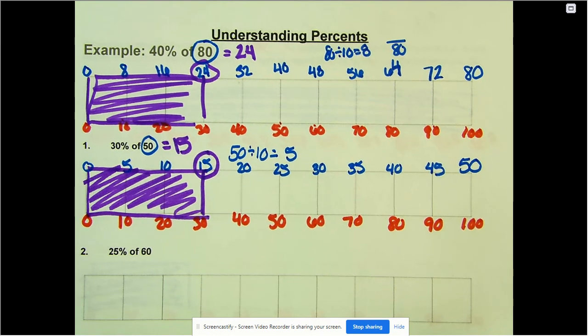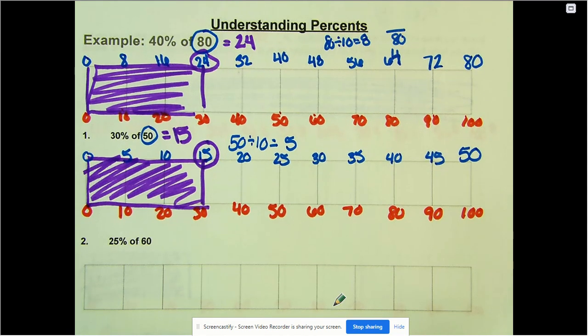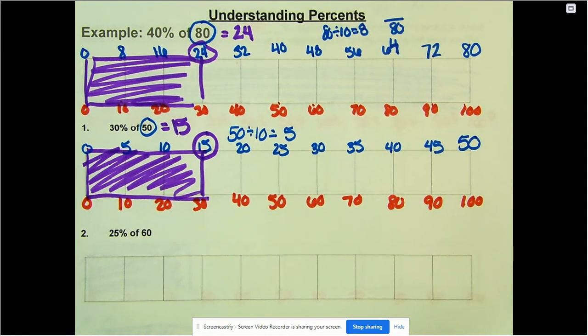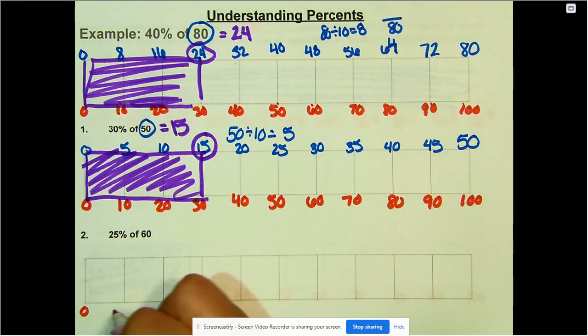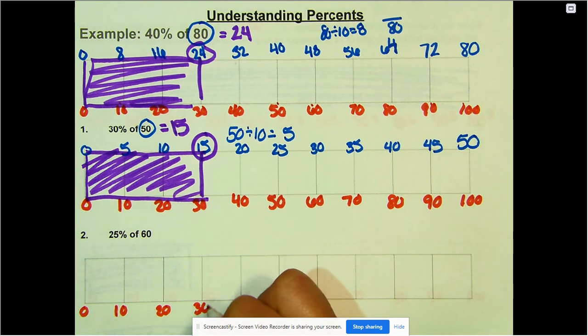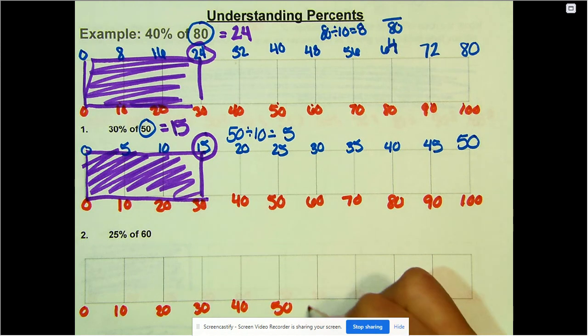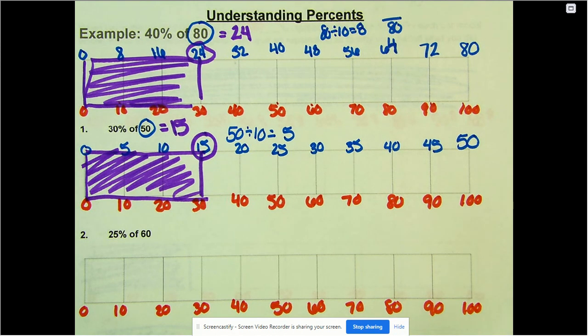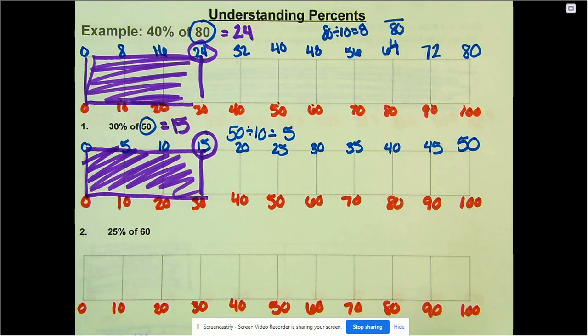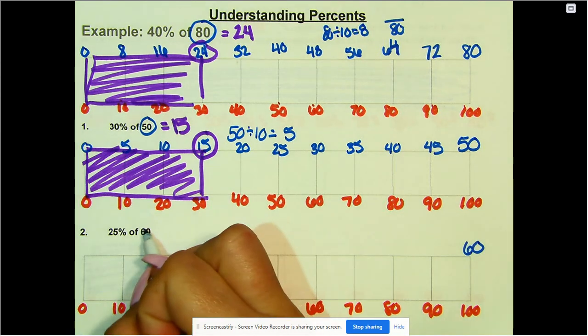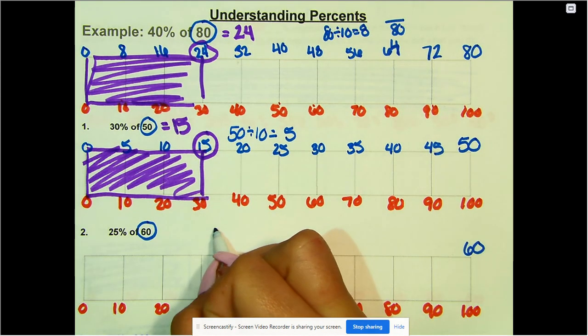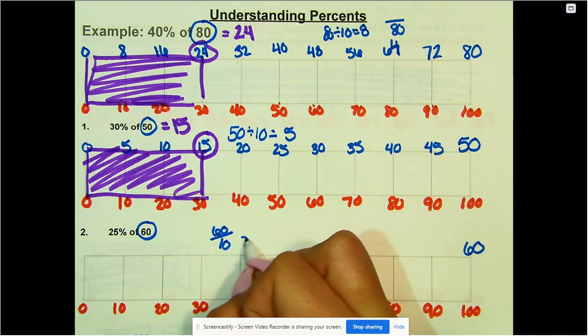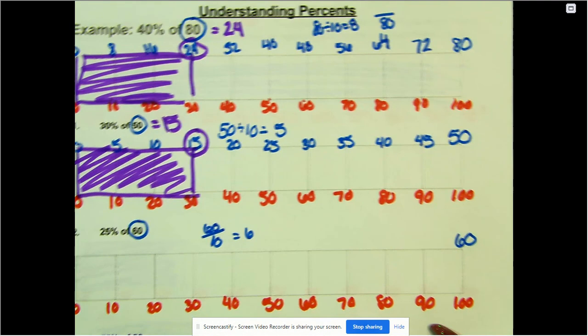Okay, so what about 25% of 60? And let's scoot this up here just a little bit. Okay, so again, we're still using the percent bar, split into tens. 50, 60, 70, 80, 90, 100. And 100% would be 60, my bad, because that is my total. Okay, so let's figure out how much to split these into. So 60 divided by 10 is 6. So each section is 6.